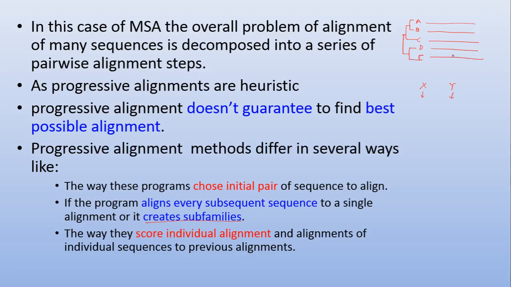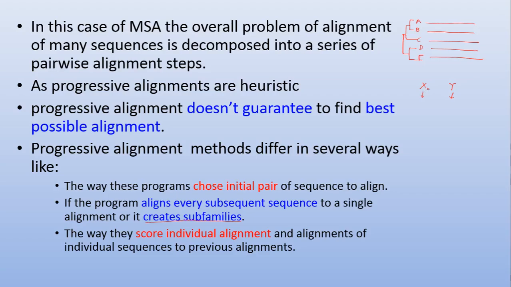So in this way the programs can differ: either they subsequently add one sequence after another to your alignment, or they create subfamilies of the given sequences and then align those families. This is how programs based on progressive strategies can differ. Programs can also differ from each other in the way they score individual alignments, or the way they score alignments of an individual sequence to the previous alignment that has already been generated.